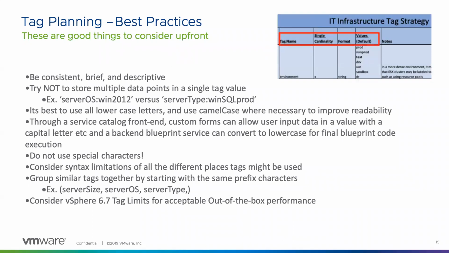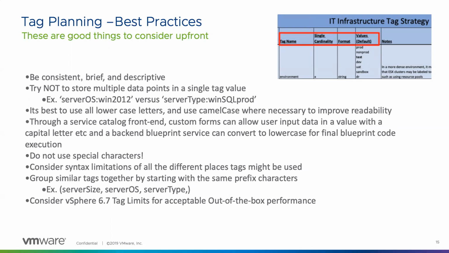So let's talk about some best practices with defining these tag categories. You don't want to start going with the easy names that might be friendly to you. You want to be considerate of other team members, and you want to think about what's going to lend itself to programming and putting in code.